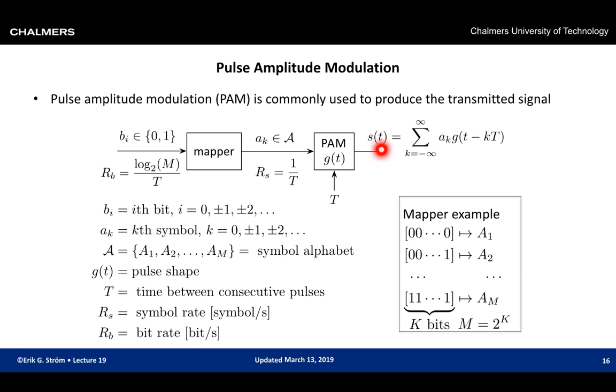So this is the function of the modulator. And the data rate, the number of bits per second that we can transmit, depends on how many symbols per second we can transmit, and then how many bits there are per symbol. So the relationship between the data rate and the symbol rate is through these equations.